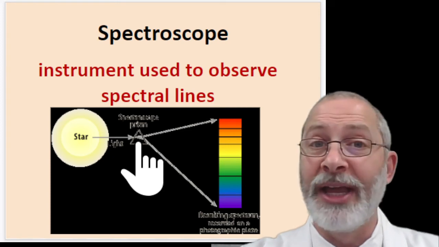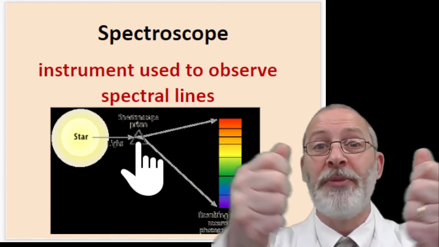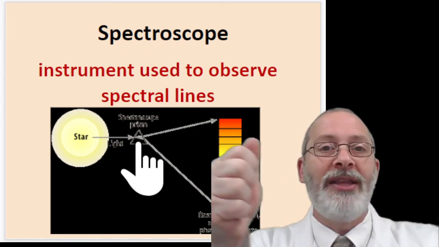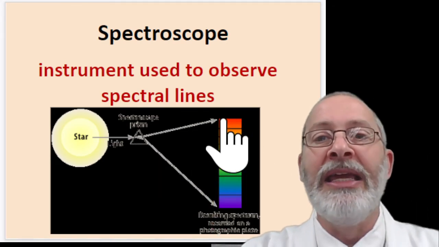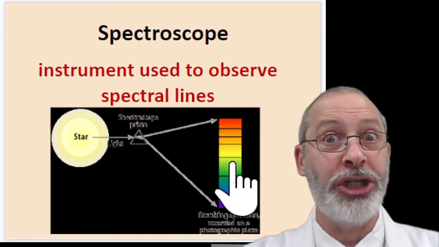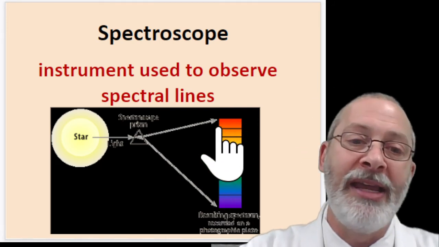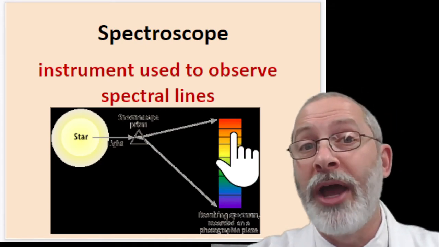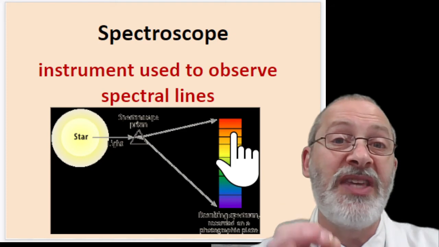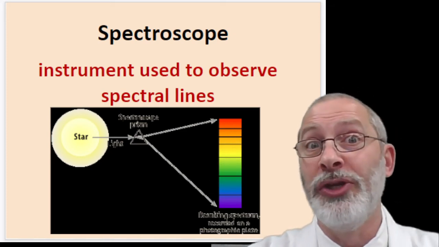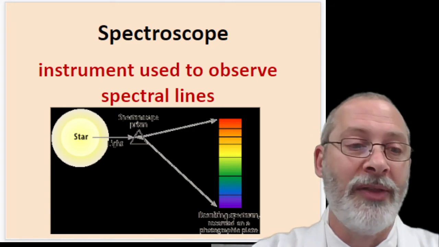A prism, like Isaac Newton's, spreads out the visible light, like your home activity, into a rainbow of colors, Roy G. Biv, and in that spectrum of colors, some of the colors will be brighter or darker, specific wavelengths of light that we will be able to see, and you'll determine tomorrow in the lab.